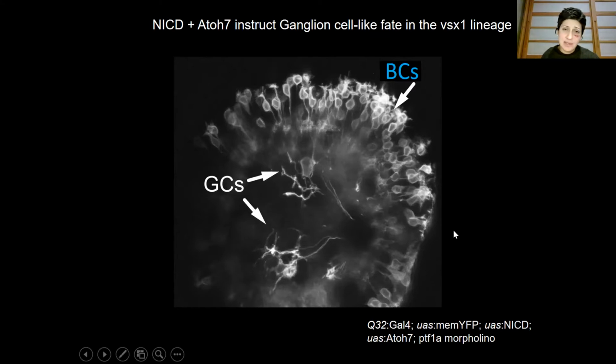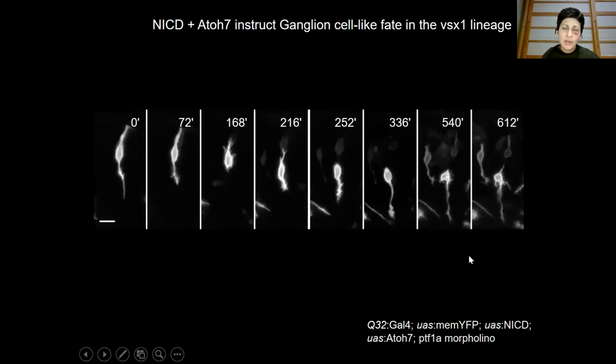They had dendrites that were not always directed towards the appropriate synaptic partners, but nevertheless they had some of the features and characteristics of ganglion cells. And on occasion, we were even able to time-lapse their formation. And here you can see an axon forming in this migrating cell.